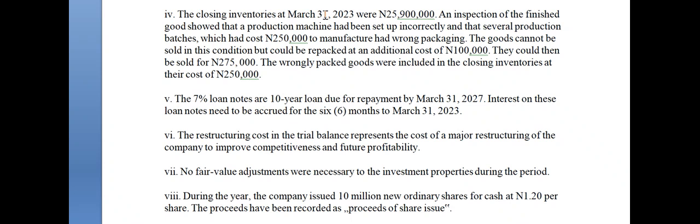Instead of removing the 250 first from the closing inventory as per the trial balance, that's what I'm explaining now. Do you understand? Instead of removing the 250 first from that place, you are going to get your net recoverable value, which is the 275 minus 100. We give you 175. Do you understand me now?